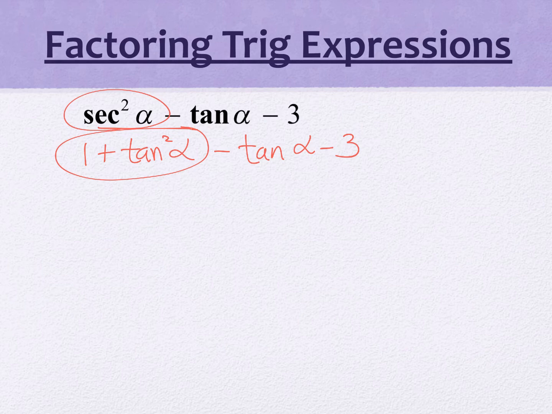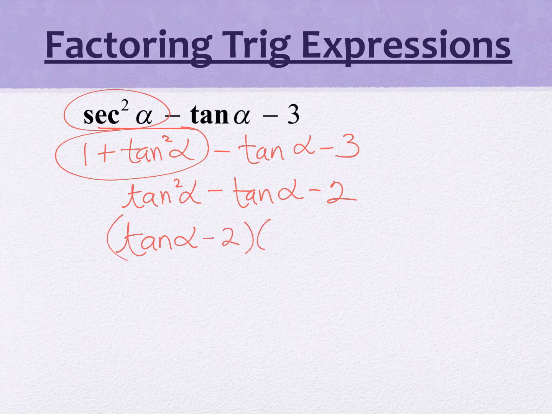It is quadratic. I'm going to put it in standard form. So tangent squared alpha minus tan alpha minus 2. I'm going to factor that. I am going to go straight to factoring because a isn't 1. So it just becomes tan alpha minus 2 and tan alpha plus 1. That's what it factors to. So these were just expressions we may need to factor along the way.